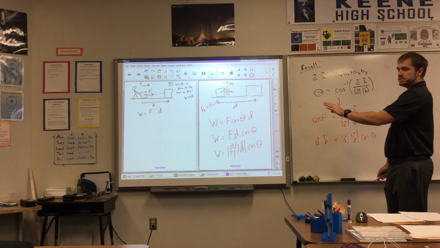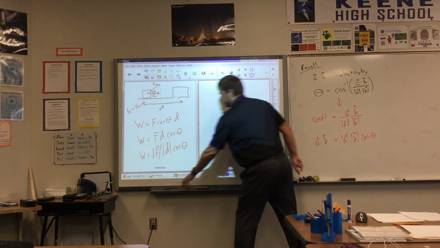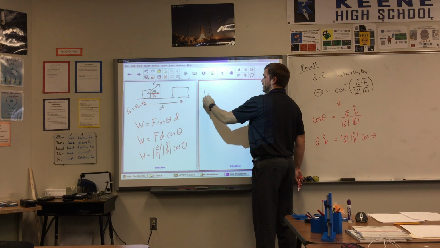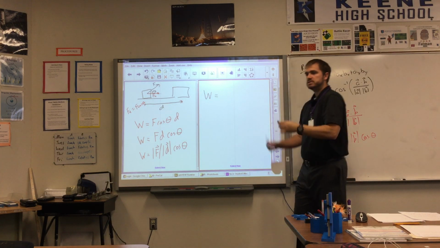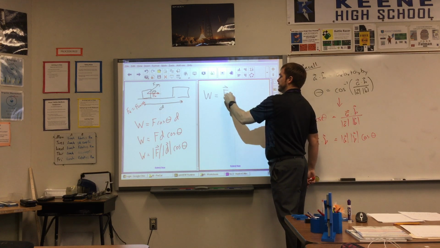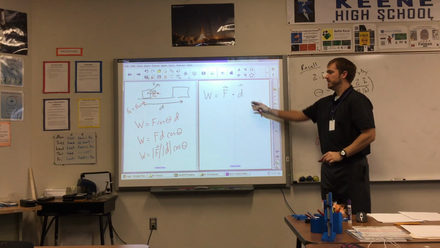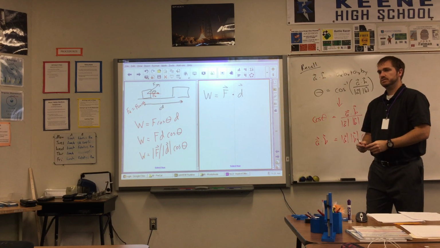So that is what has led physicists to write this. They say that the work in its most general form is equal to the dot product of the force vector and the displacement vector.